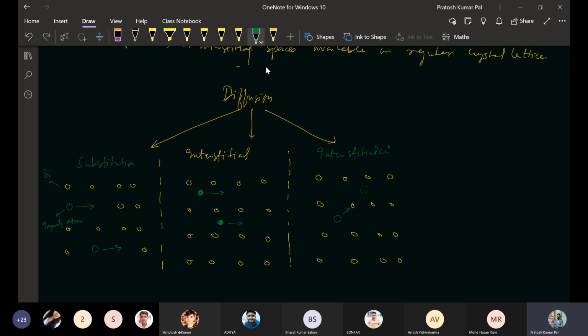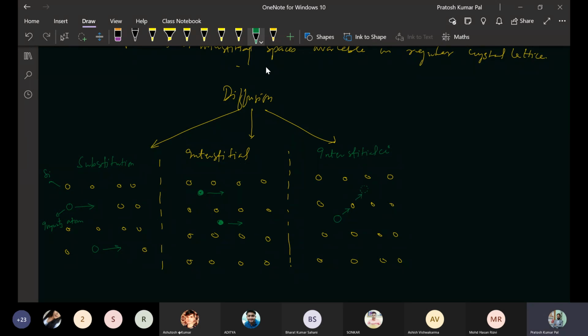So the impurity atom will push this silicon atom into the interstitial space, and the silicon atom space will be occupied by the impurity atom. So this is called interstitial C, because the impurity was available in the interstitial space, and it is going to replace the silicon atom.